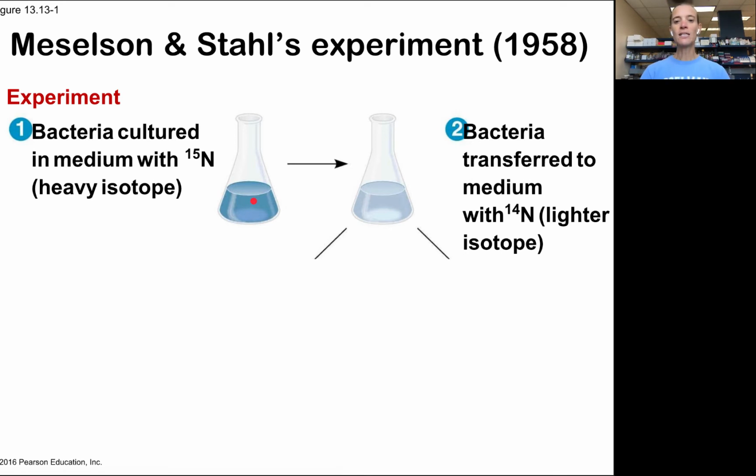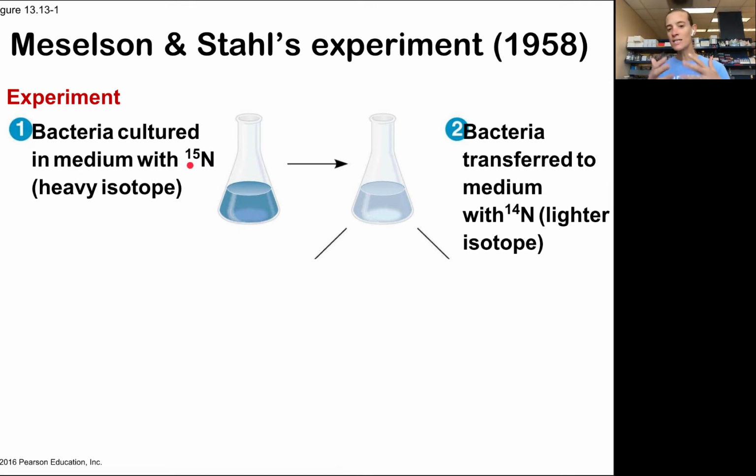They cultured these bacteria in a growing medium where all the nitrogens were heavy isotopes. So any molecule in the cell that has a nitrogen, wink wink, DNA, since the nitrogenous base has a nitrogen, will have this heavy isotope.